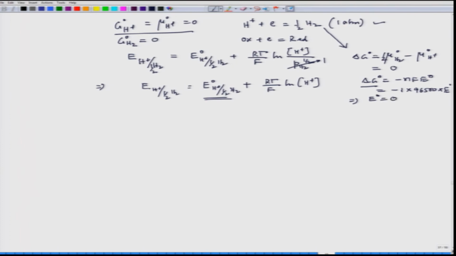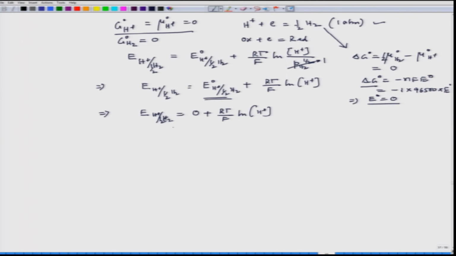This is interesting: the standard reduction potential of the hydrogen evolution reaction is 0. So E for H+/H2 equals 0 plus RT/F ln H+.